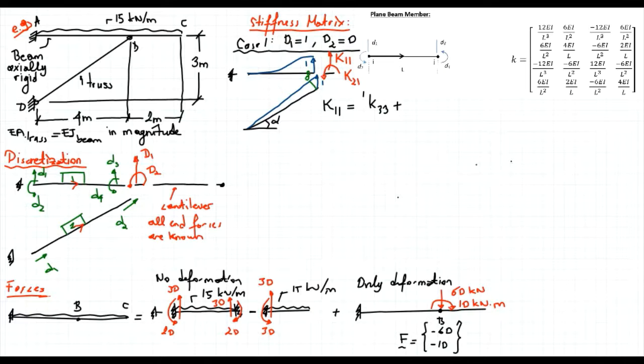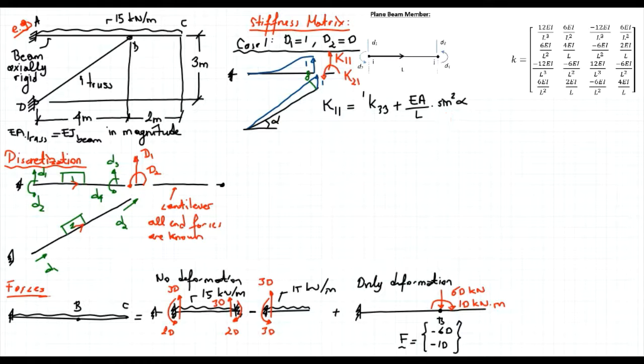If we call that angle alpha, the force required to create a unit translation in the upward direction is equal to EA divided by the length of the member multiplied by sine square alpha. So there's no need to repeat the same thing over and over again. We already derived that equation in our previous case. I see exactly the same deformed shape, so the stiffness coefficient should be the same.